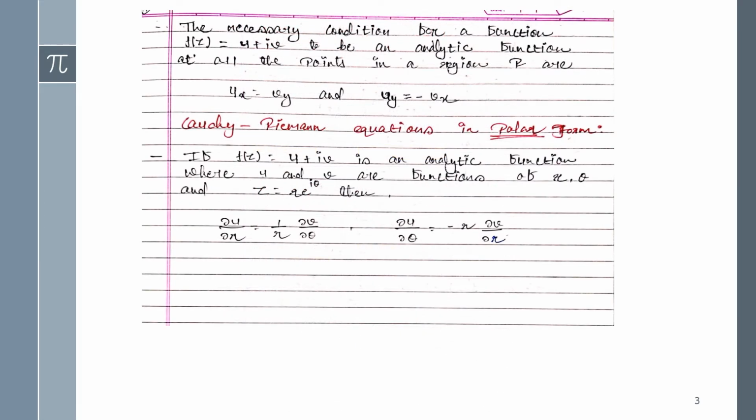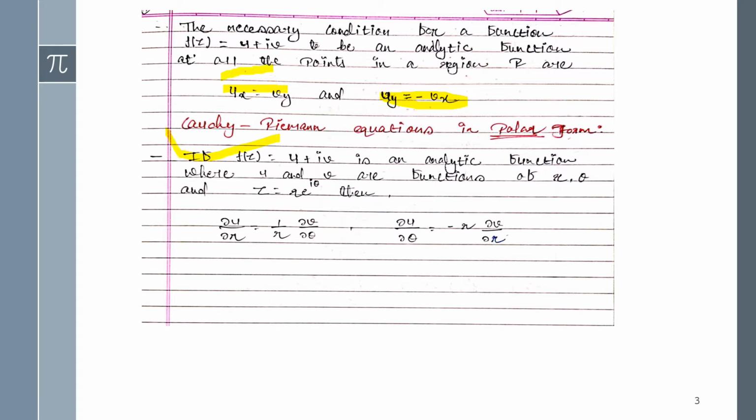So the necessary condition for a function f of z equals u plus iv to be analytic at all the points in the region R is ux equals vy and uy equals minus vx. So this one is your Cauchy-Riemann equations.